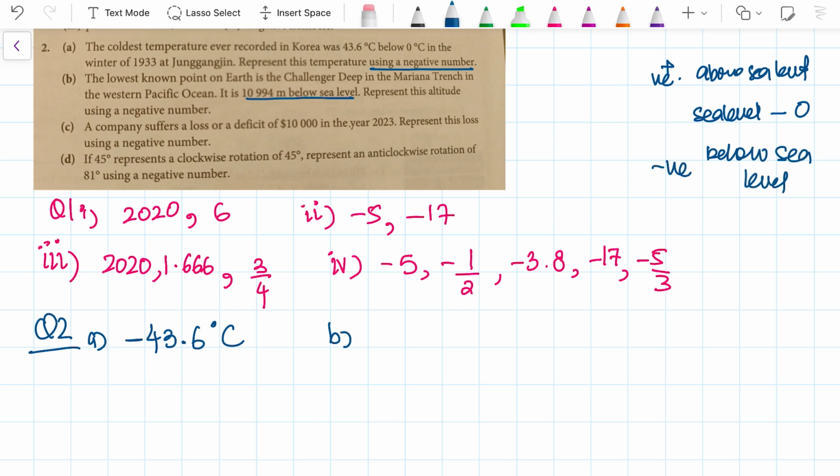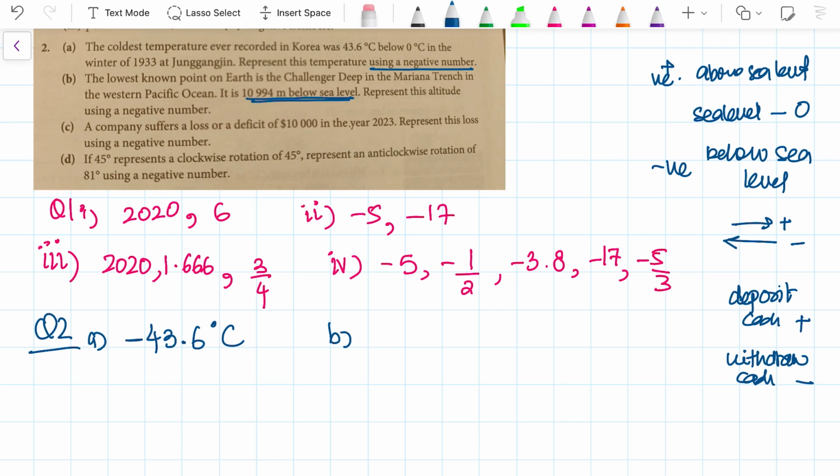So positive and negative is also used to indicate directions. For example, right hand side is plus, left hand side is a minus. Okay? When you deposit cash, it's a plus, but when you withdraw cash, it's a minus. So sometimes you define what is meant by positive, what is meant by negative.